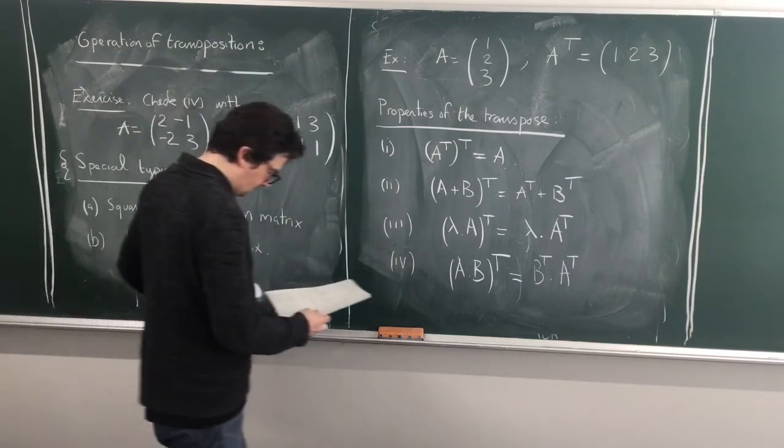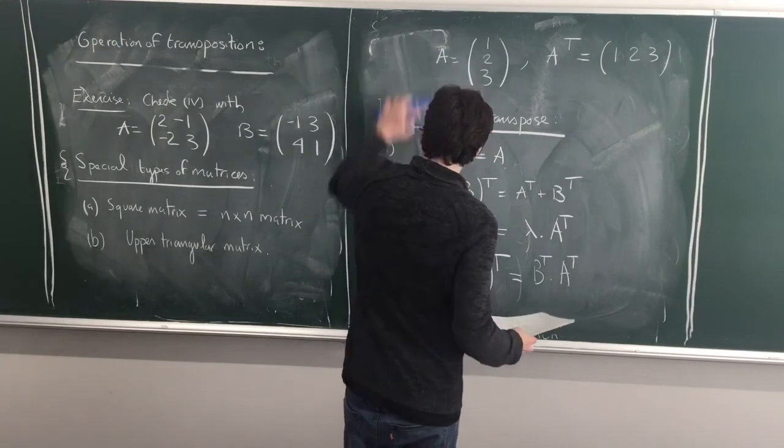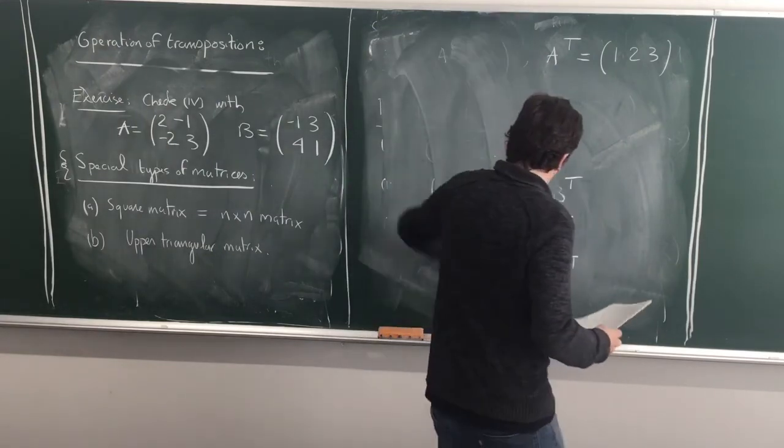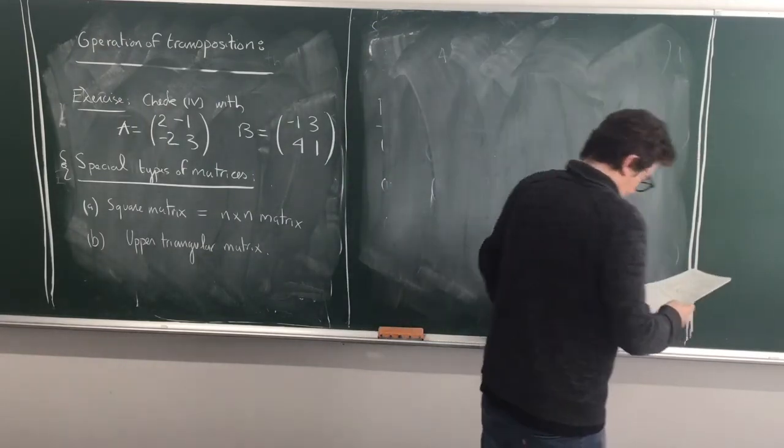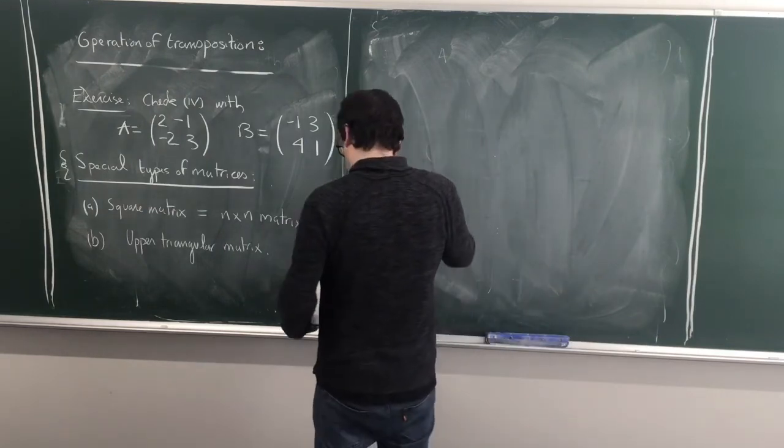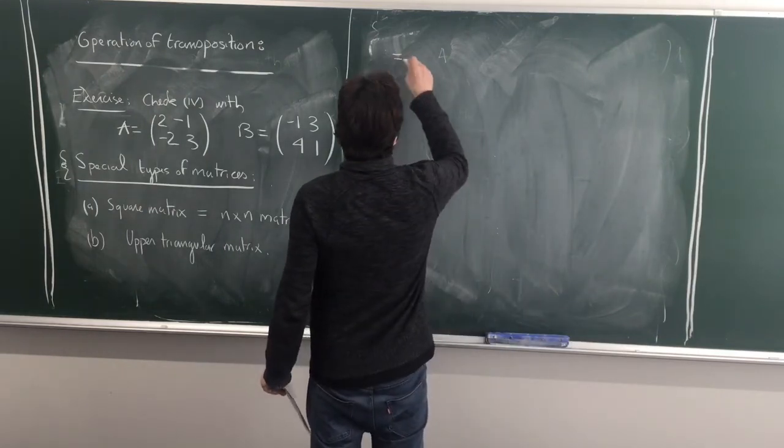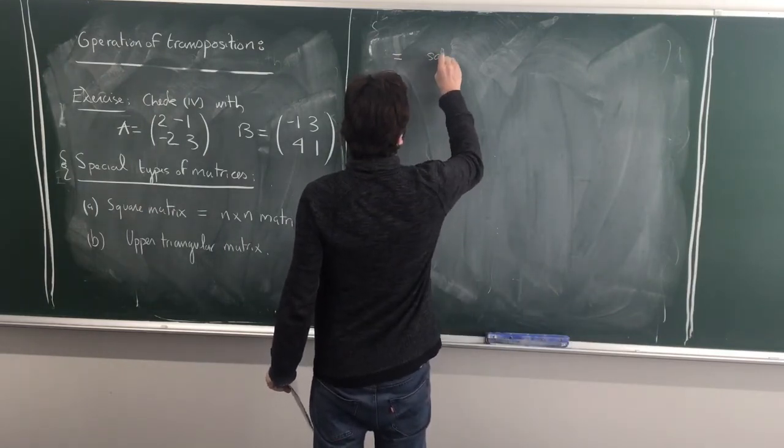Okay, what is that? First of all, the upper triangular matrix is a square matrix.